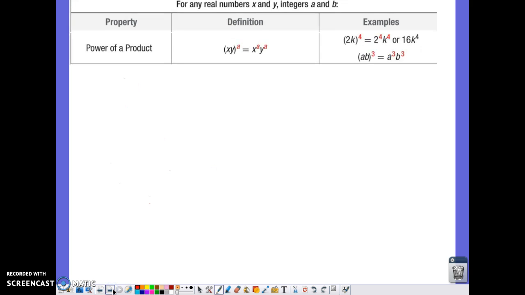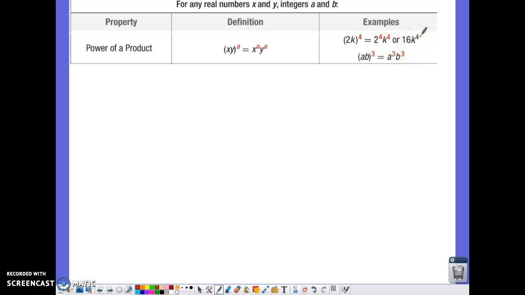Power of a product is simply saying that if x times y, included in parentheses, all to the power a, is the same as saying x to the power a times y to the power a. Example, 2 times k all to the fourth is the same as saying 2 to the fourth times k to the fourth, or 16k to the fourth.